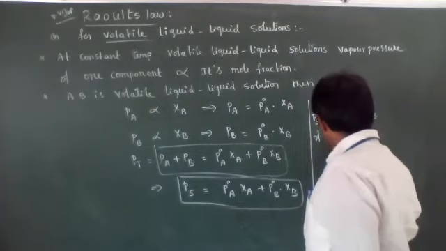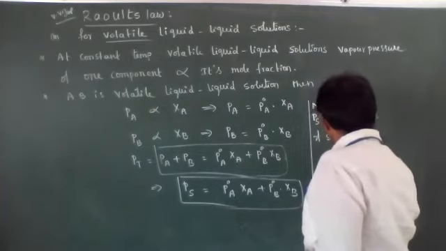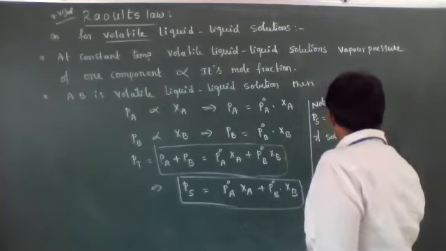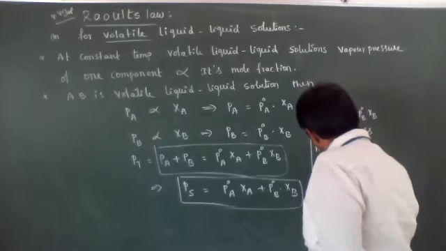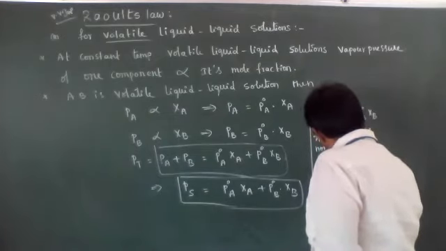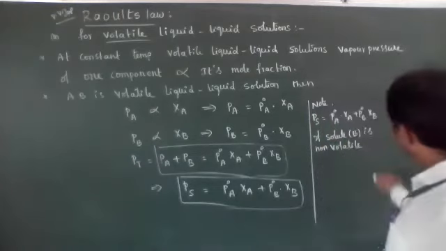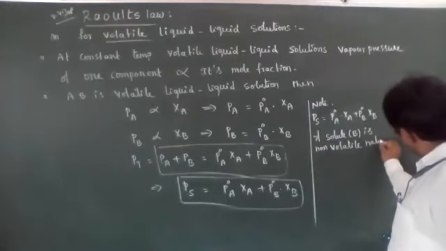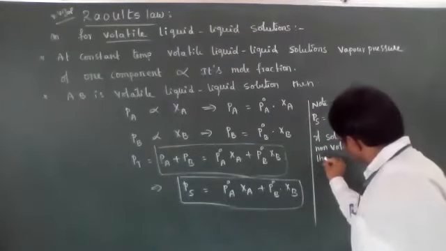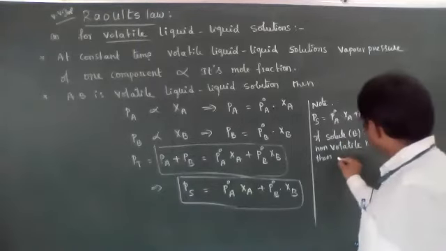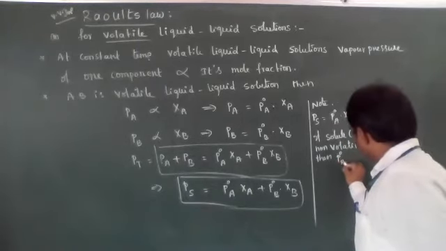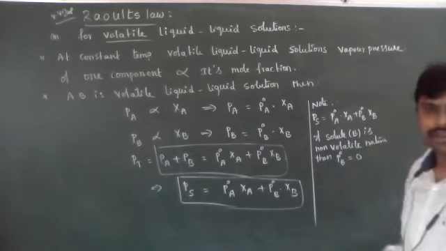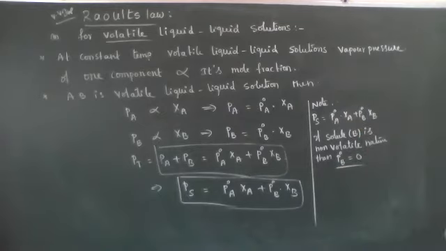If the solute B is of non-volatile nature, then what happens, dear students? P naught B is equal to 0.